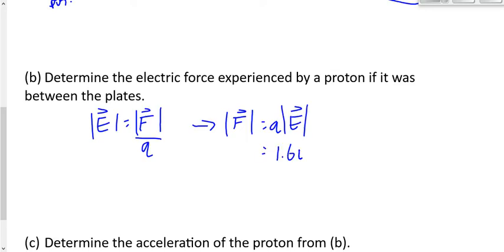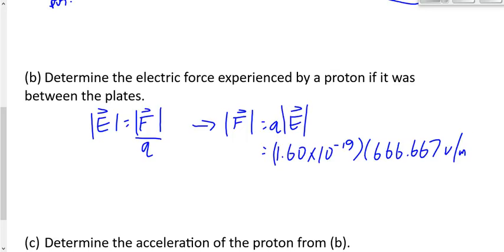We're going to say 1.60 times 10 to the minus 19 times the electric field, 666.67 volts per meter, equals, what's my value there? I get 1.07 times 10 to the negative 16 newtons.